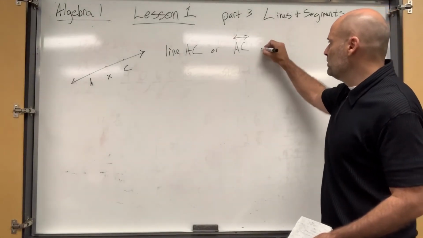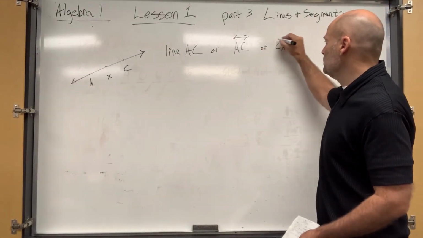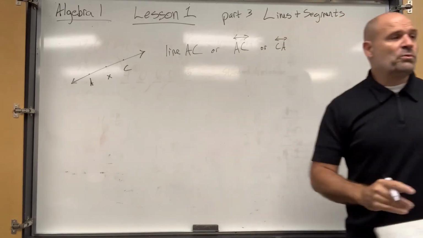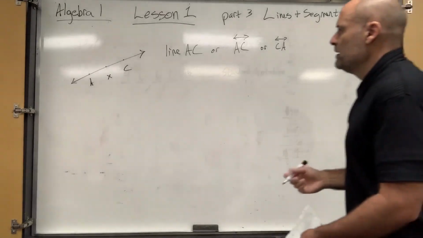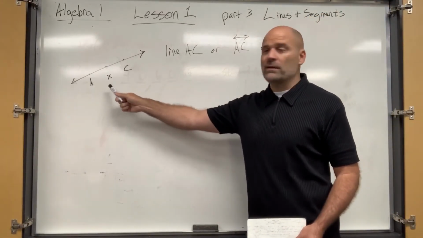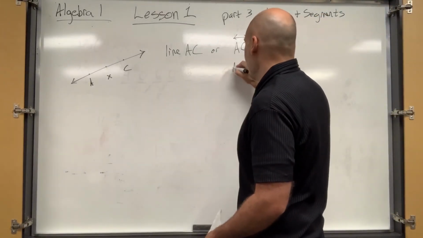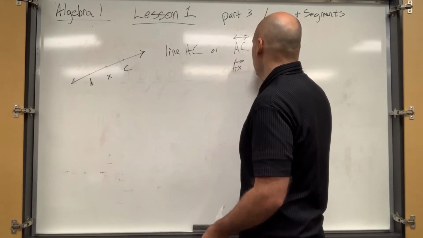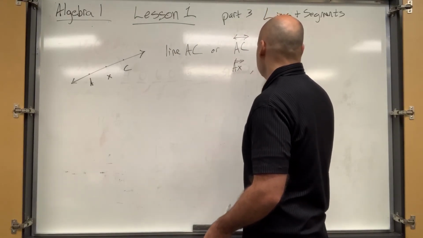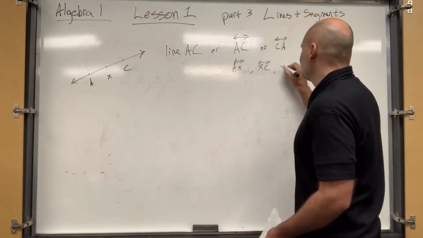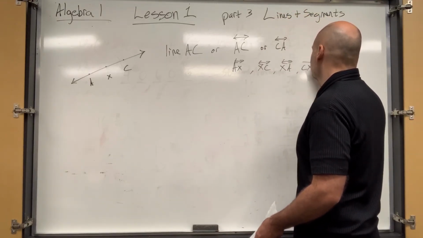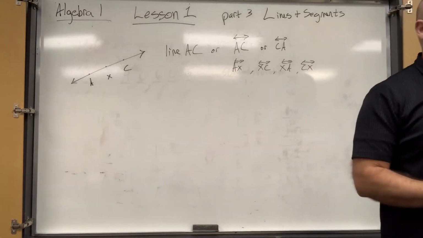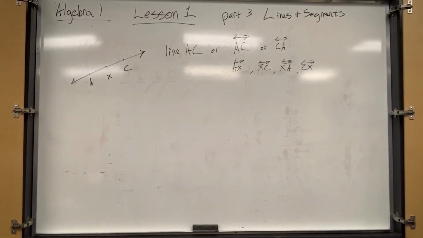Technically that could be CA, because it's just 2 points. It doesn't matter what order you say it in. Since there's another point, it could be AX or XC or XA or CX.